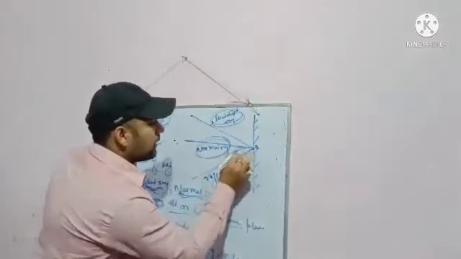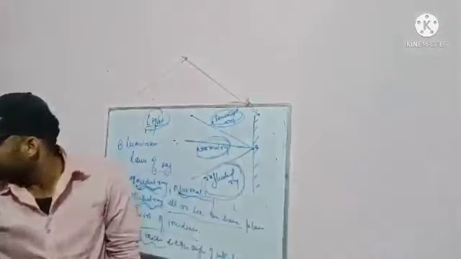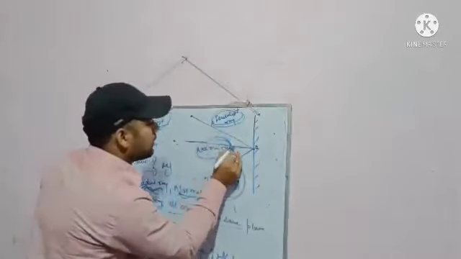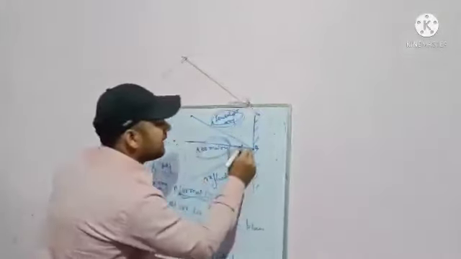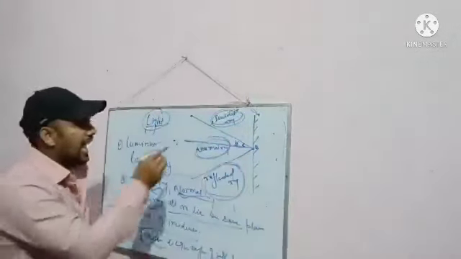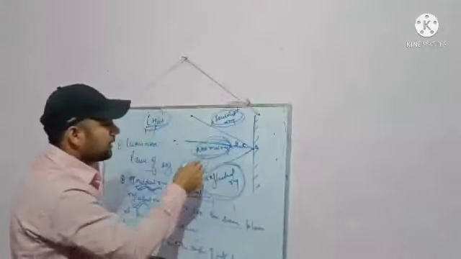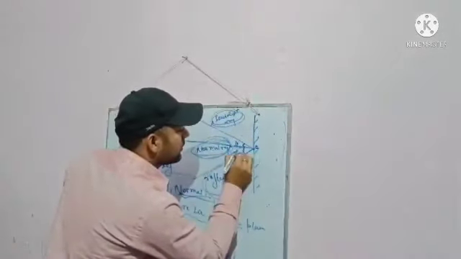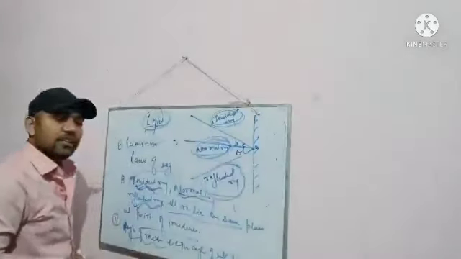Now the angle created between the normal ray and incident ray, that is called the angle of incidence. And the angle created between the normal ray and reflected ray, that is called the angle of reflection.